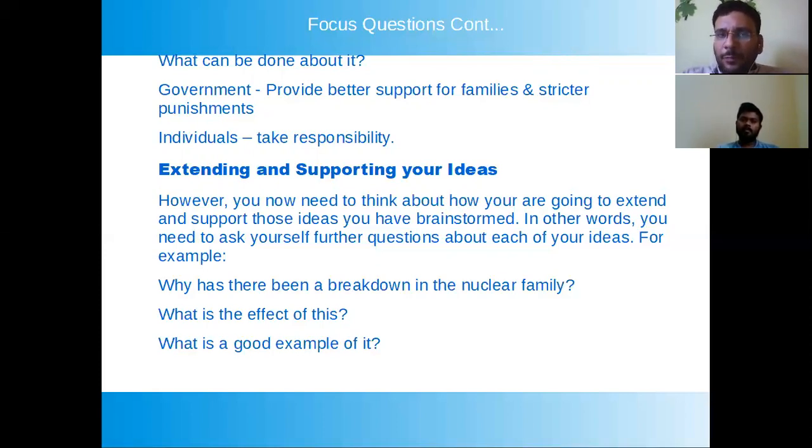So once you get these sort of ideas, you're going to extend these ideas by coming up with some sort of examples. As I told you, you can furnish all those examples which you have read. Let's say when we talk about crime rate, I'm sure we would have read a lot of articles, and heard a lot about crime rate in our locality, in our hometown.